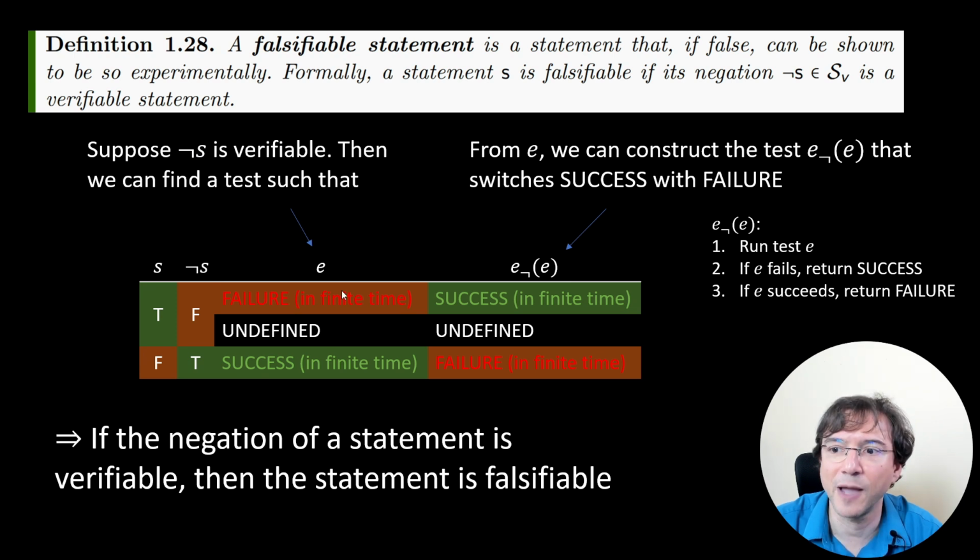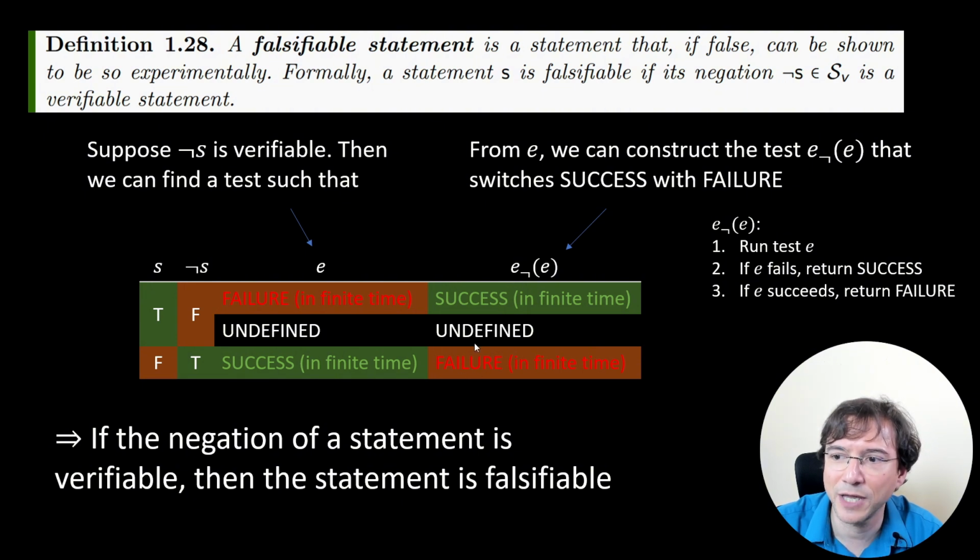If it is verifiable, then there is a test that always succeeds if it is true, and it fails or is undefined if it's false. Now from E, we can construct a test that switches success with failure. Whenever we run the test, if it fails, it returns success, and if it succeeds, it returns failure. So basically, it's the same conditions, except we swap success and failure.